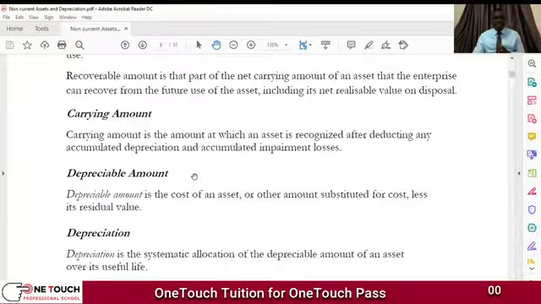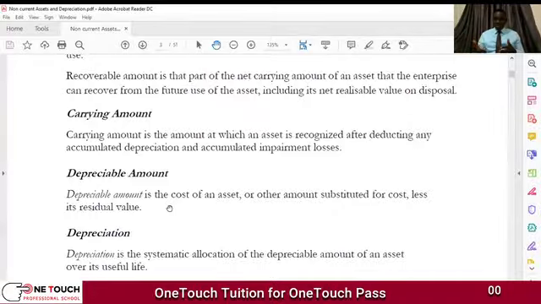Good. The depreciable amount of an asset is the cost of an asset or other amount substituted for cost less its residual value. So if you have an asset costing 100,000 and it has a residual value of 20,000, that is the value you obtain after selling the asset.